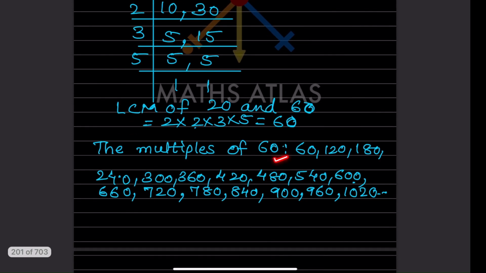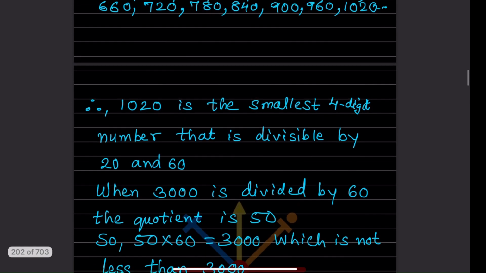So the multiples of 60 are 60, 120, 180 and so on, till here we got it. So we can say therefore 1020 is the smallest 4-digit number that is divisible by 20 and 60.